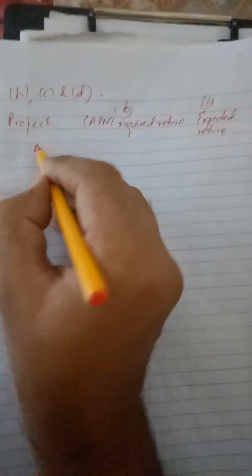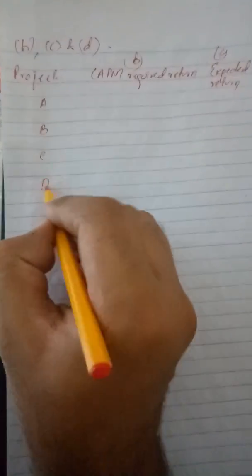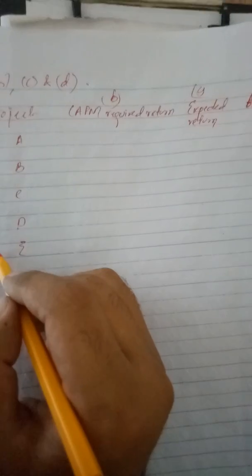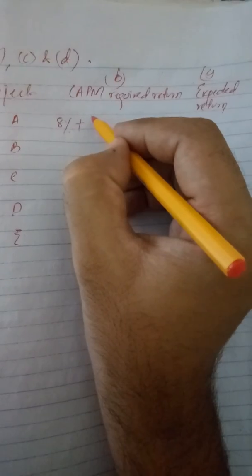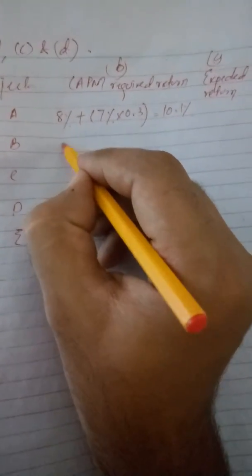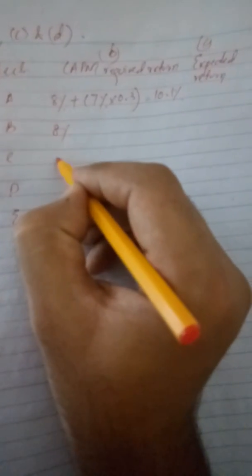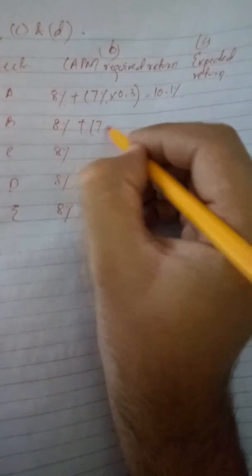So it would be like this: projects A, B, C, D and E. The CAPM required return would be 8% plus 7% into 0.3, which would be 10.1%. Then it would be 8% for each of the others as well, plus 7%.